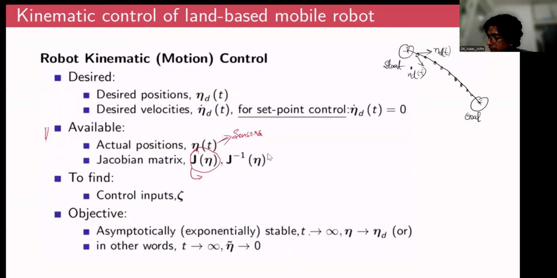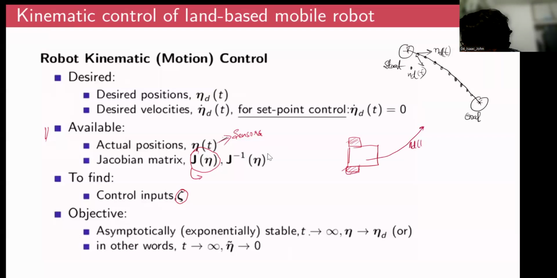And in the kinematic control scheme, we need to find the velocity input that we should be supplying to the wheels. So, for example, if you have a differential mobile robot like so with two wheels, for this robot to follow a desired trajectory, eta d of t and eta desired dot of t, we need to find the control inputs omega 1 and omega 2.